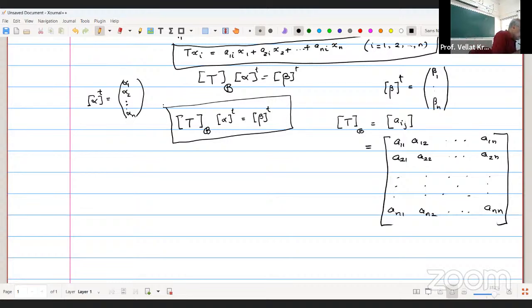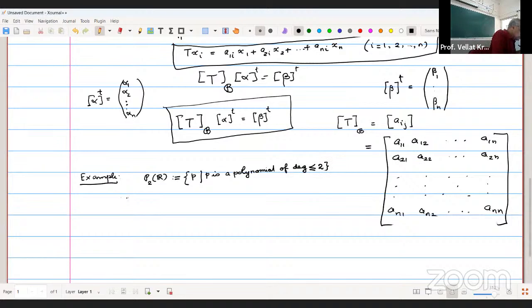Let us take P2R, which is nothing but the space of all polynomials, defined as those p, where p is a polynomial of degree less than or equal to 2.